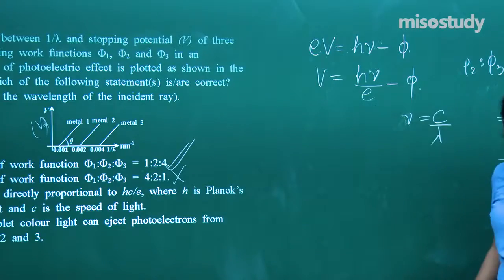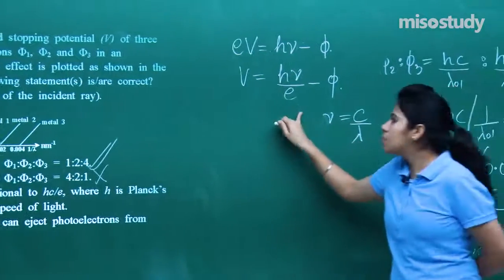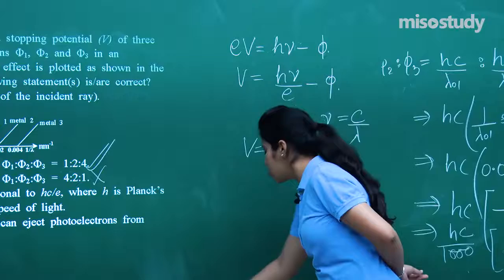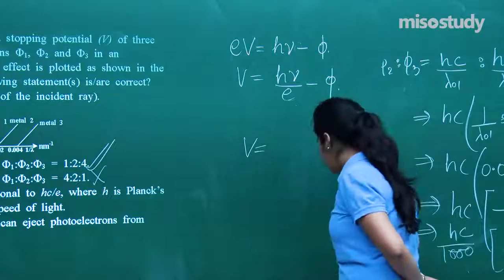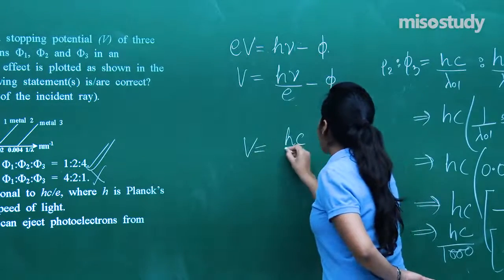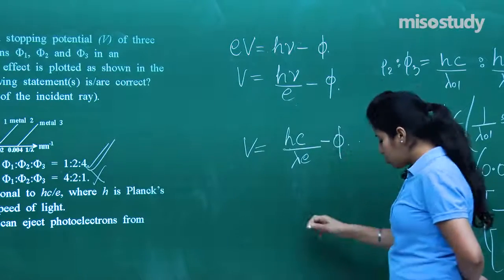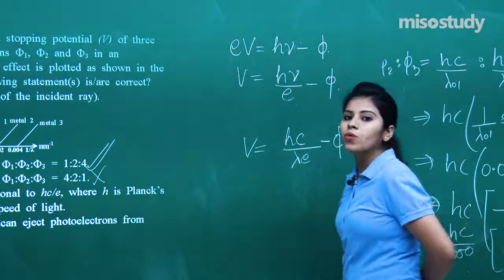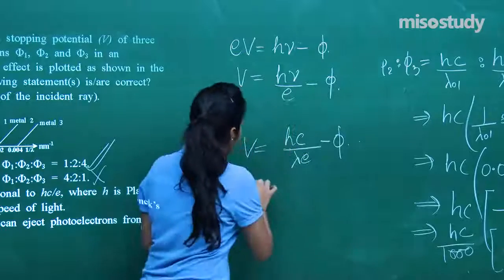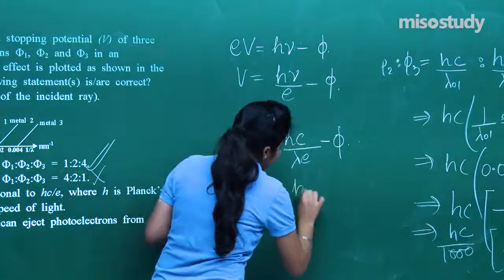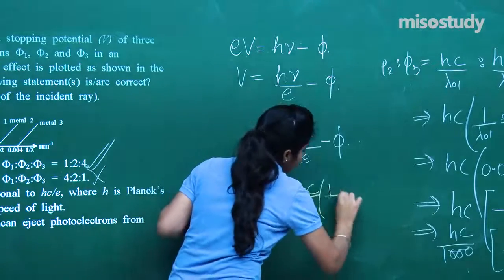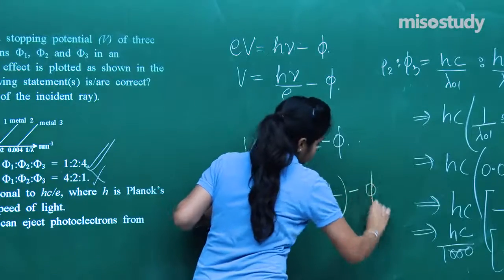So I am going to write it as V equals h c by lambda into e minus phi. So now what you can observe here is that we have V equals hc by e into 1 by lambda minus phi.